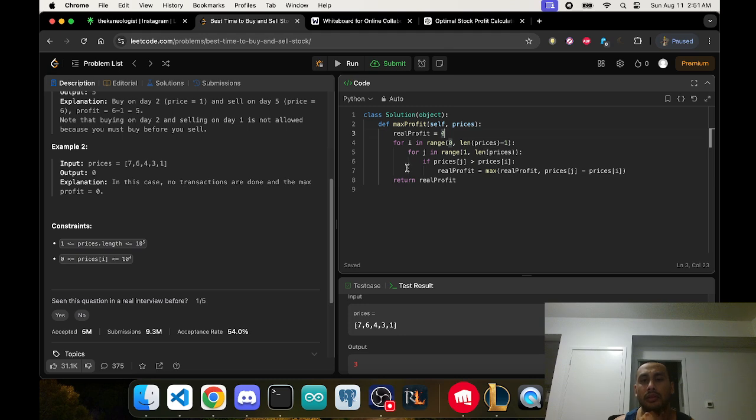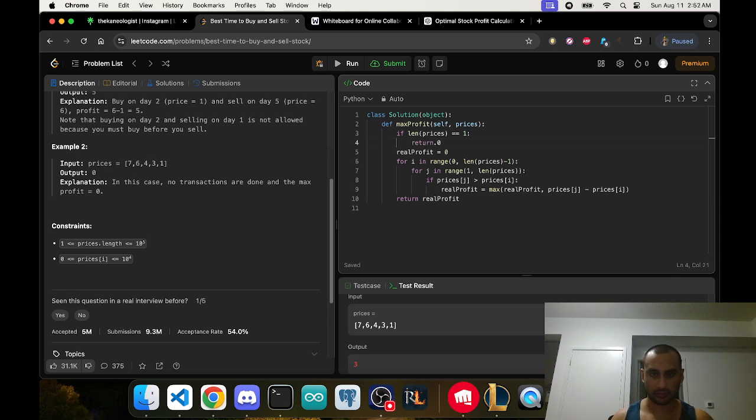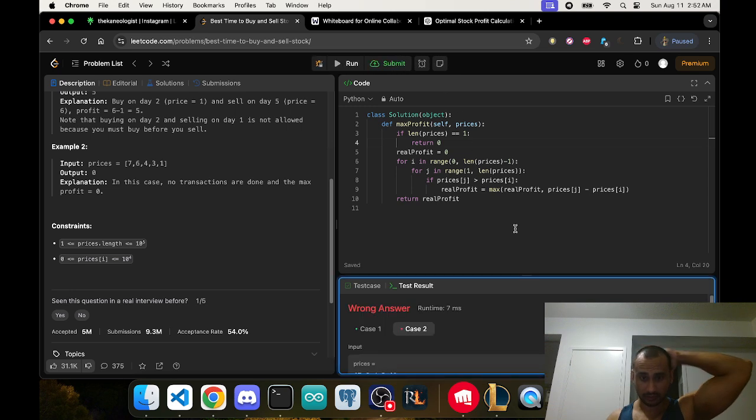So if lend prices is less than or equal to 1, try that. Because if it's equal to 1, there's no profit.